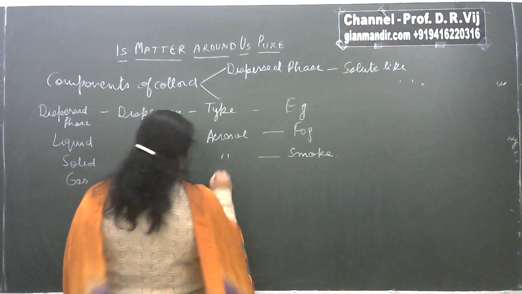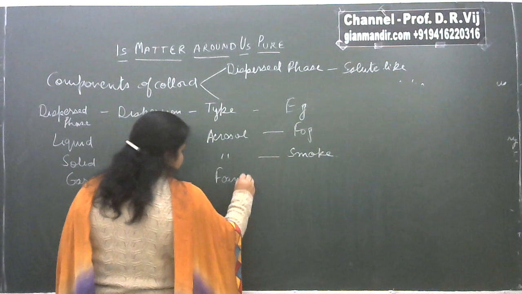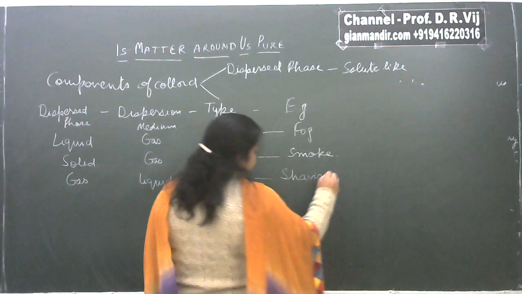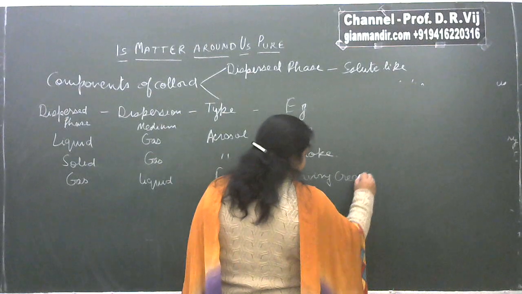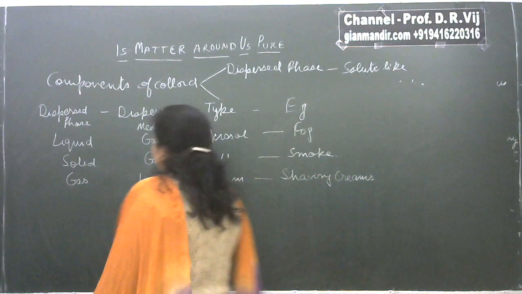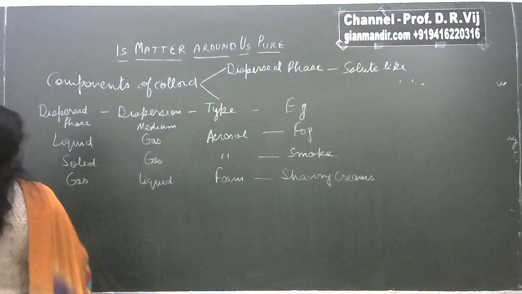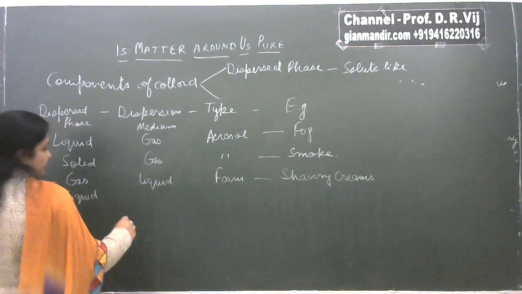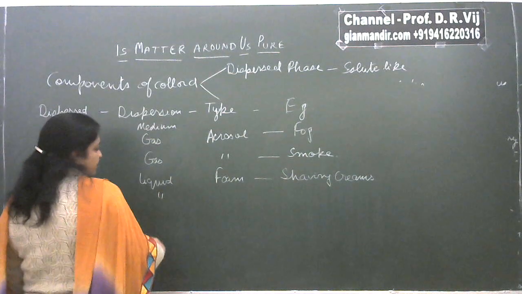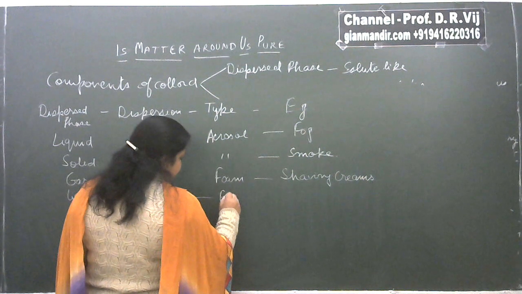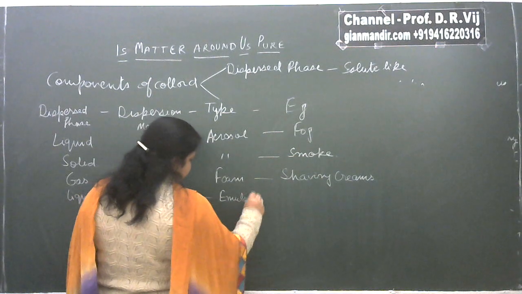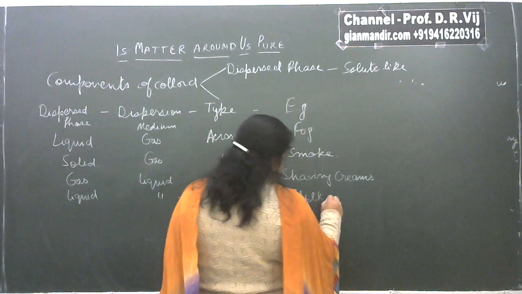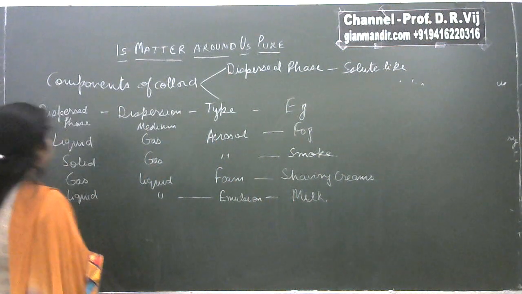Then another one, if the dispersed phase is gas, dispersion medium is liquid, then it is known as foam. For example, here we can take the case of shaving creams. Then another one here is when dispersed phase is liquid, dispersion medium is also liquid, then it is known as emulsion. For example, milk is a case of an emulsion.